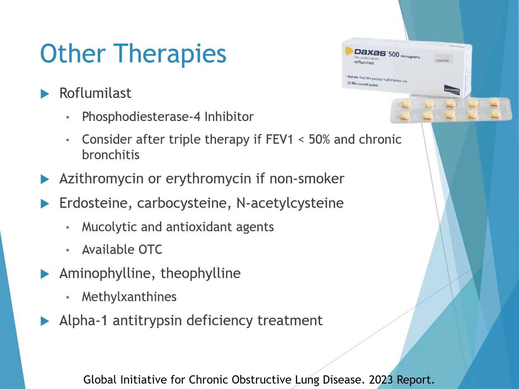And lastly, for patients that do have a documented alpha-1 antitrypsin deficiency, as mentioned in the beginning of this slideshow, with that hereditary factor, it may be beneficial for those patients to receive specific therapy for that deficiency.